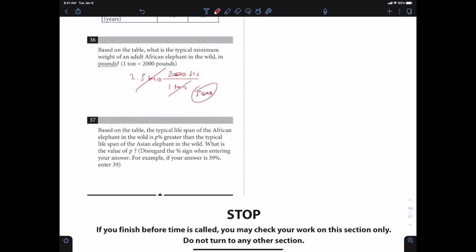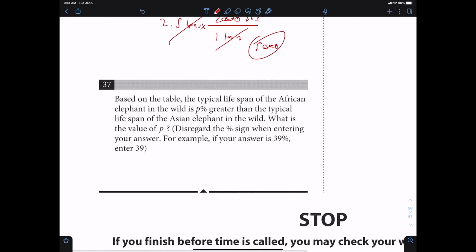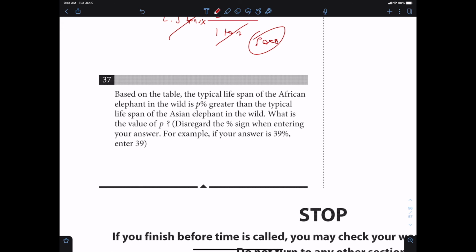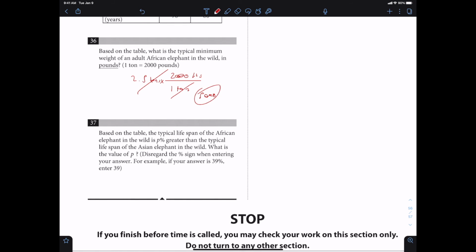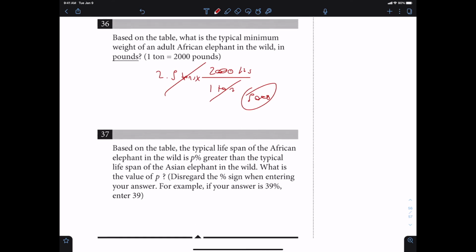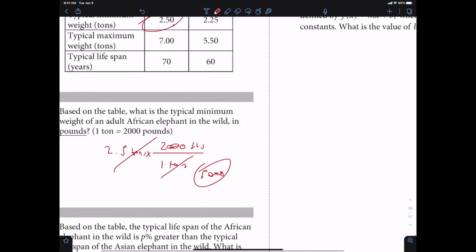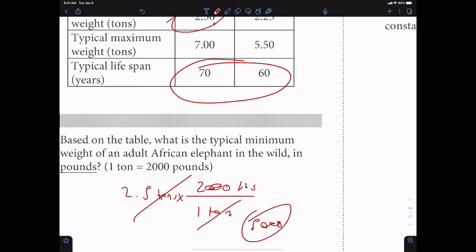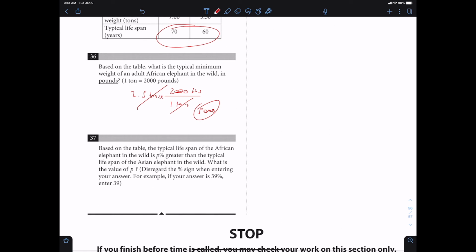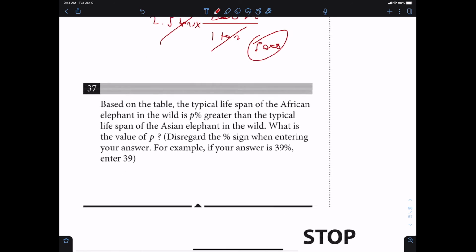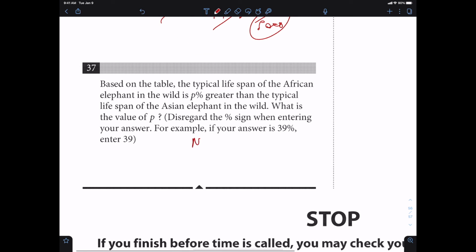Based on the data in the table, the typical lifespan of an elephant is p% greater than the, okay, what is the value of p? Okay, so we're looking at this right here, and remember, to get percent increase or percent change, we need to use our equation, which is new value minus old value over the old value times 100.